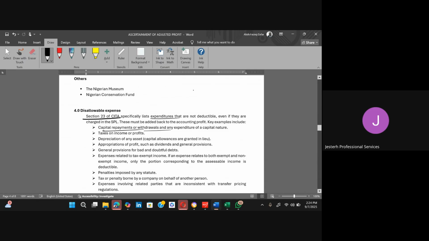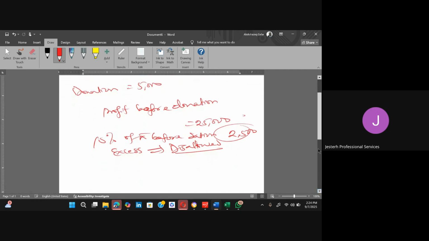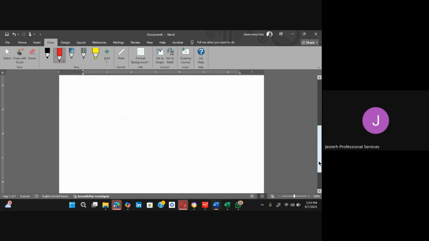Now, this is what we are saying. You obtain a loan from another party. So when you are paying, there is going to be interest on this loan.